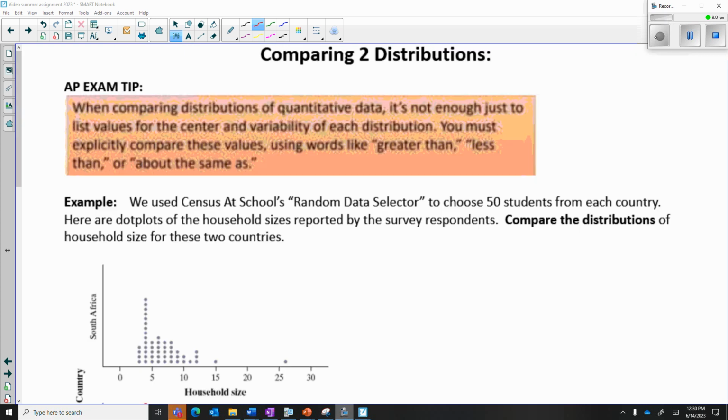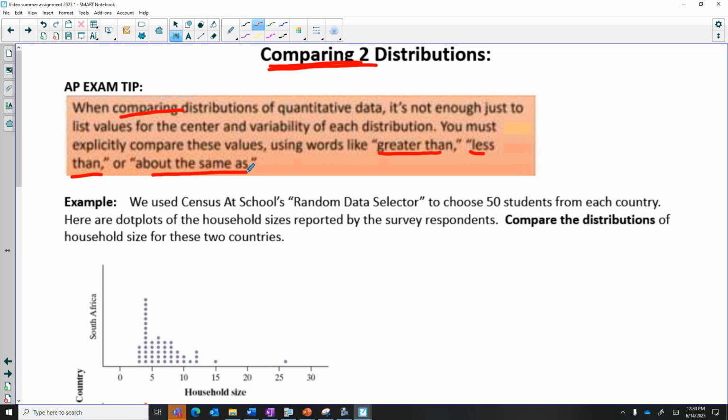Now, another skill that they might ask you about on the AP free response is instead of just describing one distribution, they may ask you to compare the two distributions to each other. So basically, again, when we're using the word compare, that means we have to use comparative language. So super important with comparative language that you're using keywords like greater than, less than, approximately equal to, etc. Wider than, narrower than, etc. You have to use comparative language.